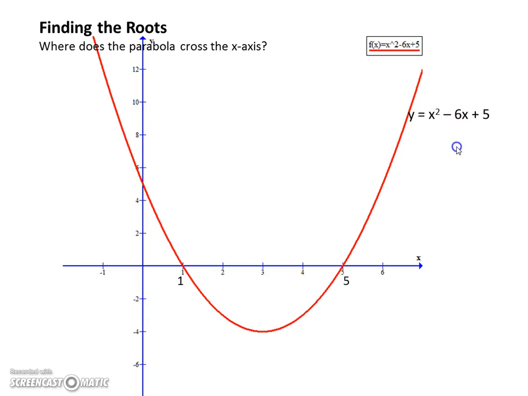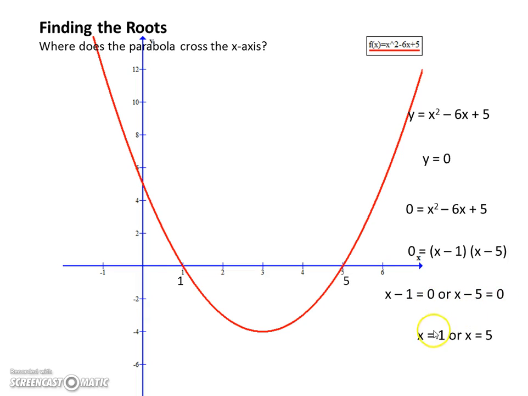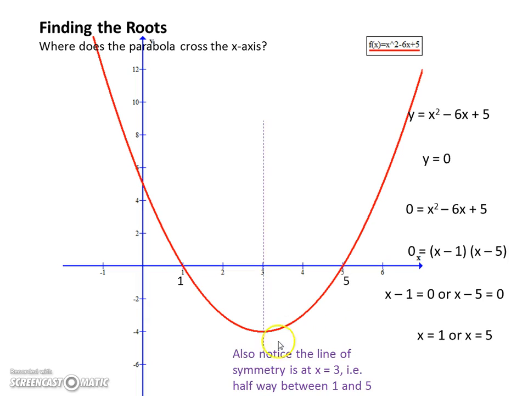If we put y equals 0, we can solve for where it crosses the x-axis. We factorize it. Null factor law: two things multiplied together, one of them must be 0. x minus 1 equals 0, x minus 5 equals 0, so x equals 1 and 5. You see that 1 and 5 is where we cross the x-axis. Also, notice that the line of symmetry is x equals 3, which is halfway between 1 and 5.